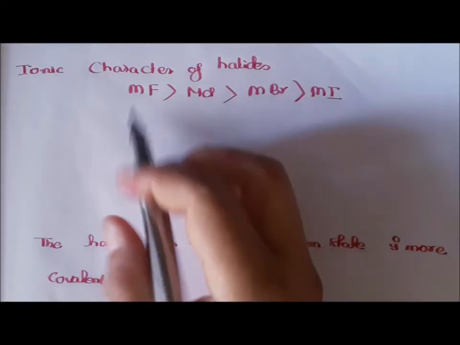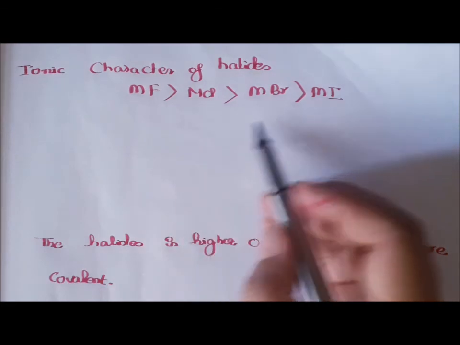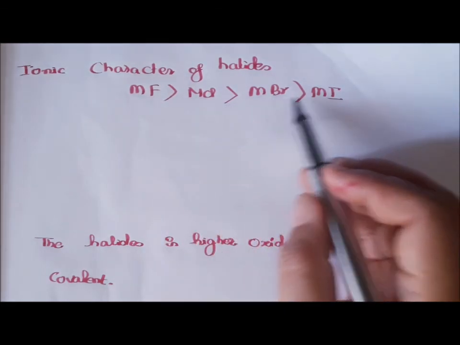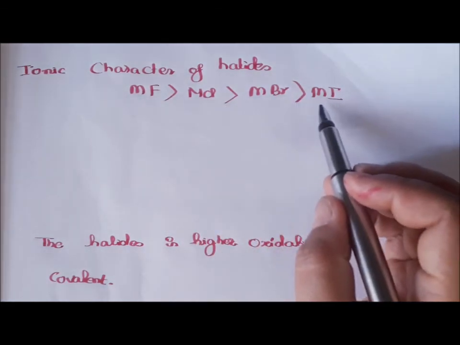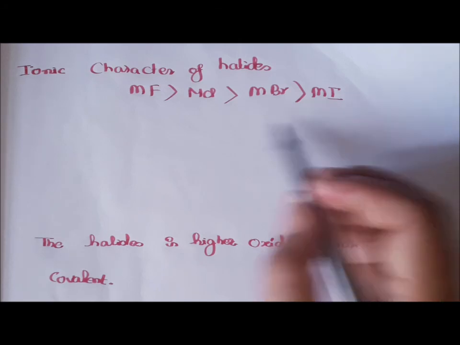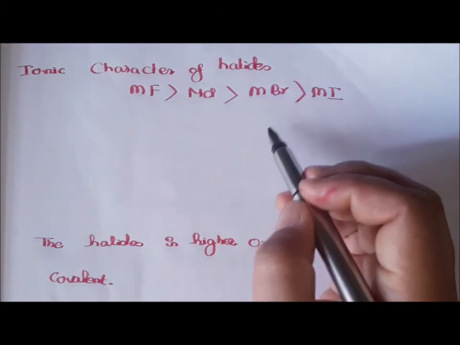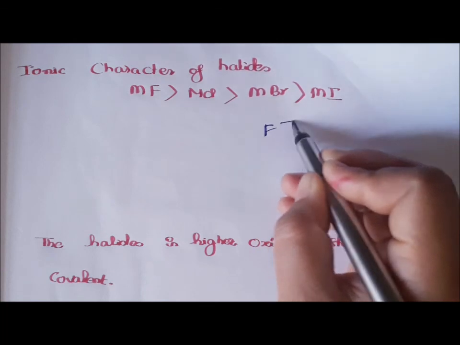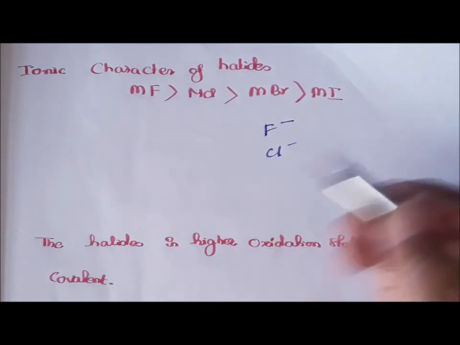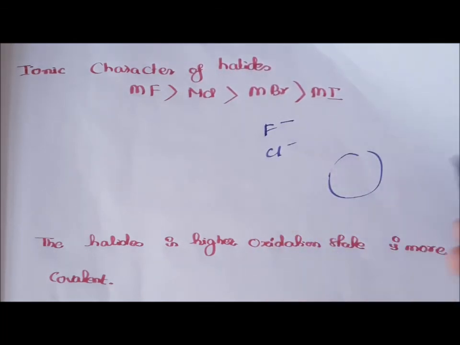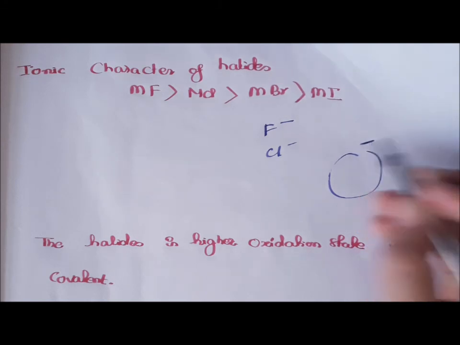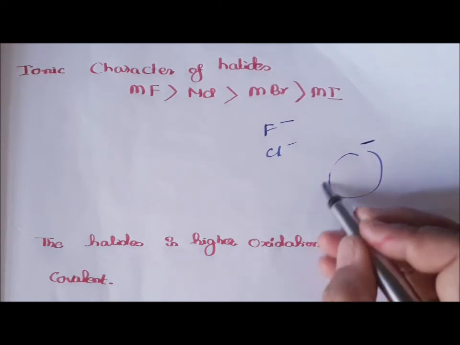Now the ionic character of halides decreases in the order MF, MCl, MBr, MI. On moving down the group from fluoride to chloride, what will happen to the ionic size? It becomes bigger and bigger. The bigger the anionic size, the smaller the cationic size.